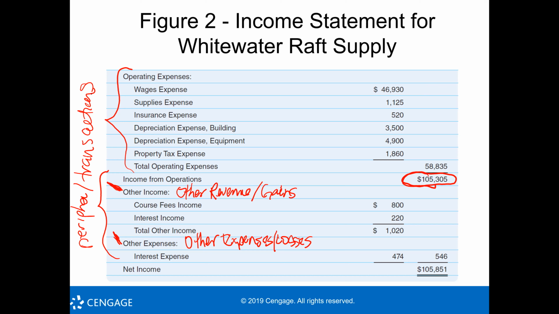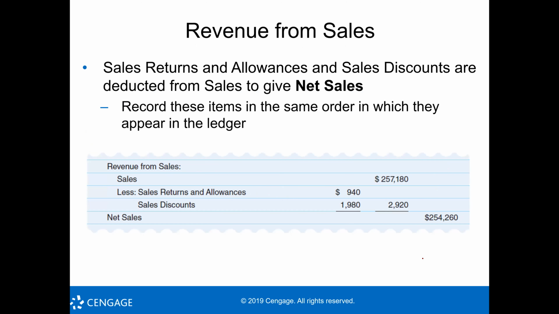So we take income from operations and then we add, in this case, because we had total other income minus the expense, the total other income to arrive then at net income.